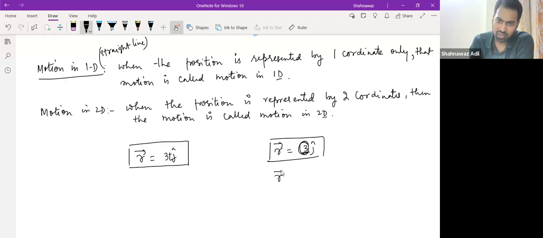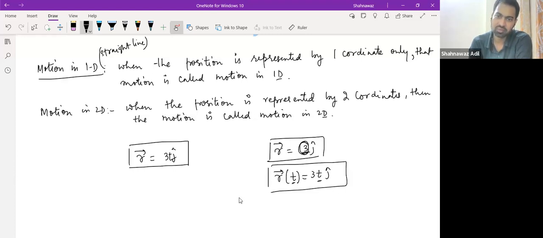So to define the motion, we should write that it is changing with time. So this would be 3t j, right? So this is changing with time. Is that clear?